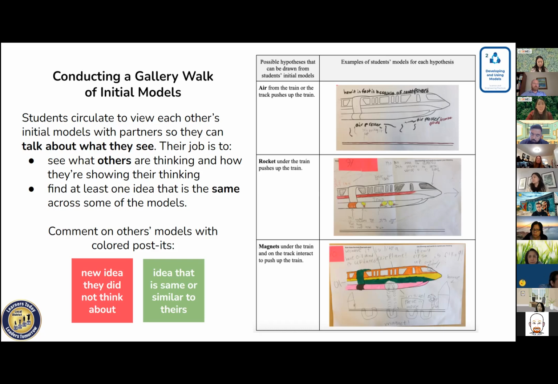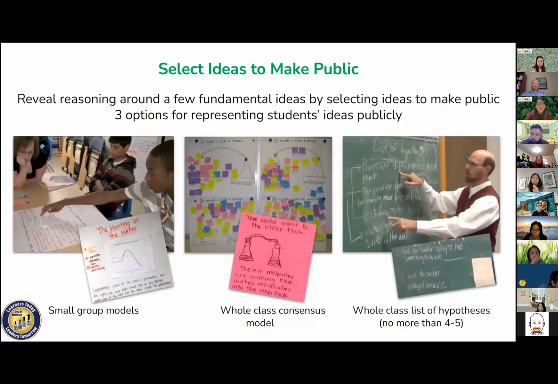And that brings us to our next kind of adapting into our instruction, right? If we make these ideas public, I myself as a teacher can see, okay, perhaps we need to work in a small group, have some students work in a small group to build on this modeling, this explanation.